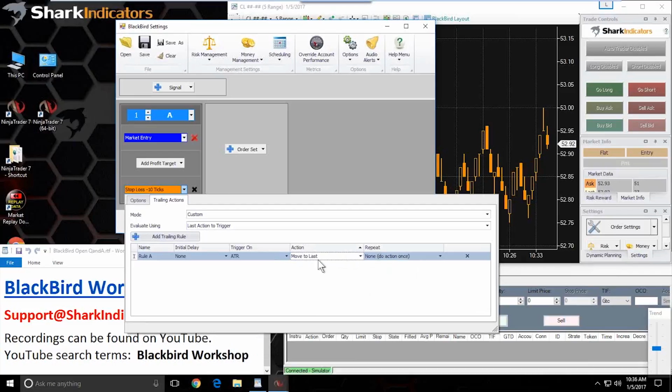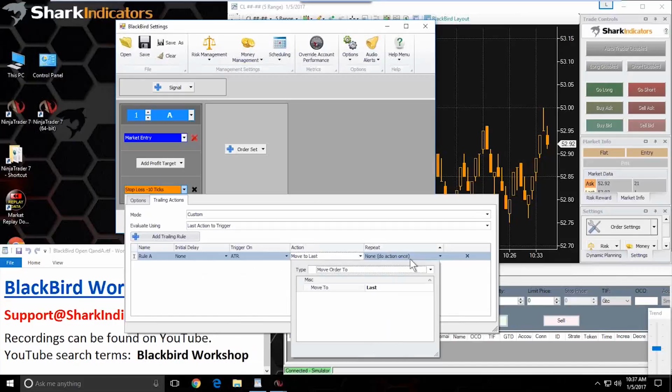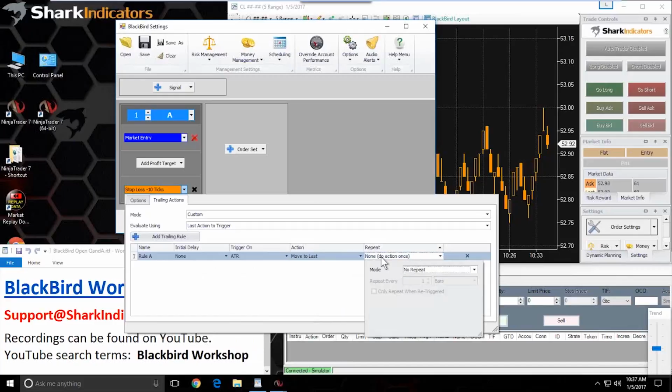So how many times do we repeat the action? The repeat is the last step to get evaluated. Each of these columns gets evaluated in order, going from left to right.